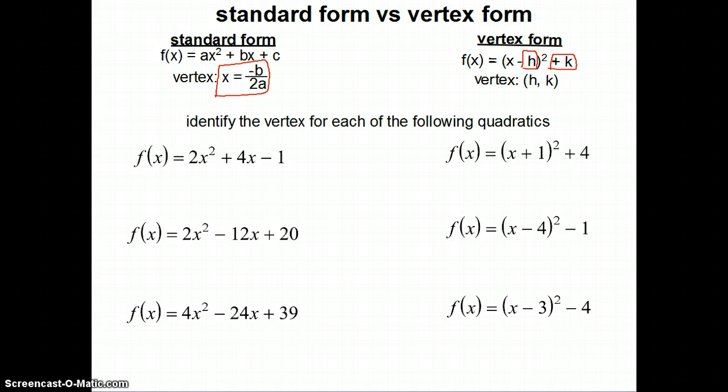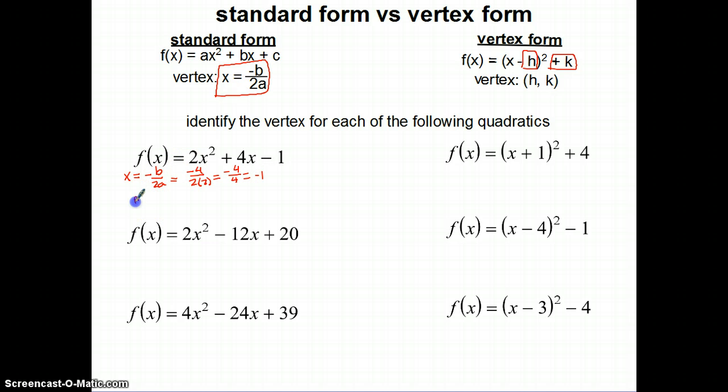We're going to go ahead and find the vertex for each of the following graphs. First, in standard form, I find the x value by using the formula where x is negative b over 2 times a. b is a positive 4, so I have negative 4 over 2 times a, which is positive 2. That's negative 4 over 4, which reduces to negative 1.